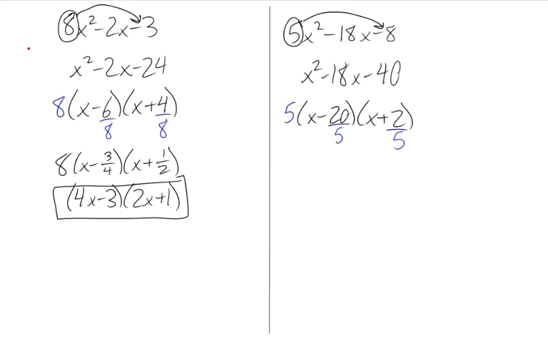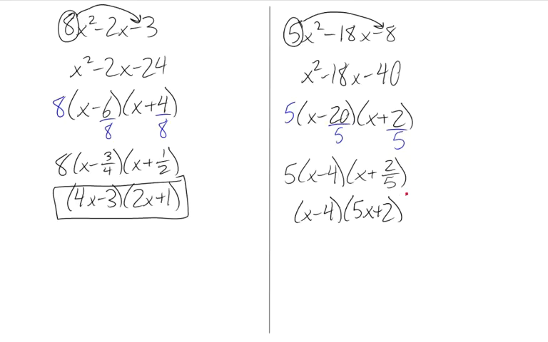And so this time I see that 20 over 5 is just 4. So x minus 4, x plus 2/5. I'll go ahead and give the 5 all to the factor on the right. So I get x minus 4 and 5x plus 2. Fast AC method. Let's do a couple more.